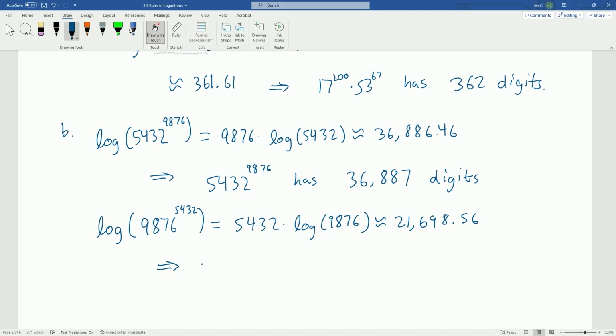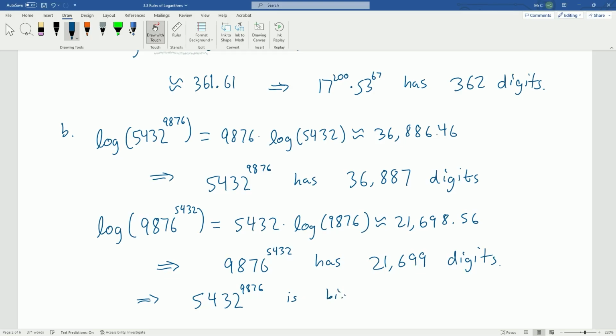So that implies that 9,876 to the 5,432 has 21,699 digits. And now all we got to do is look at which one has more digits. Oh, this one has more digits. So 5,432 to the 9,876 is bigger.